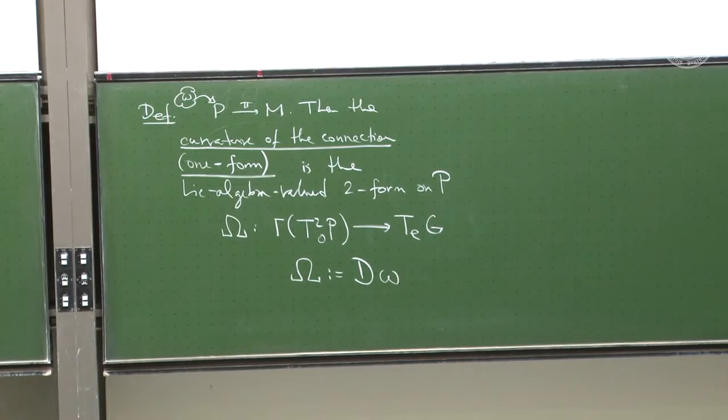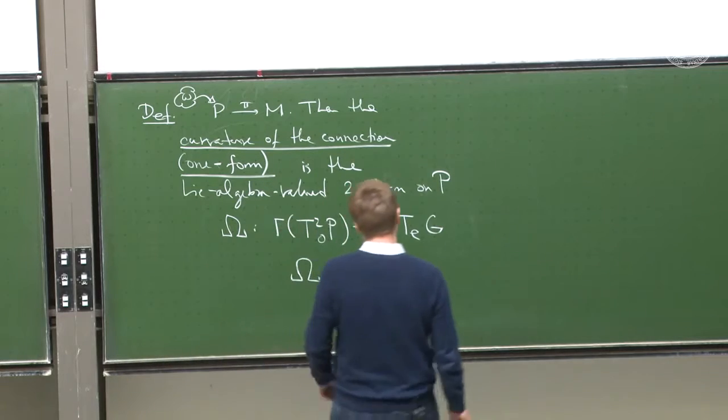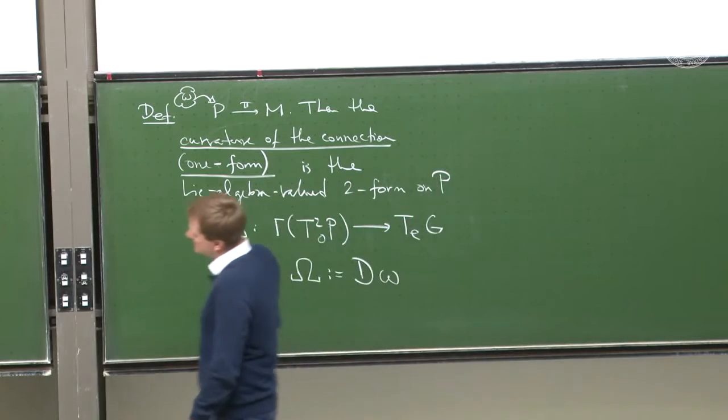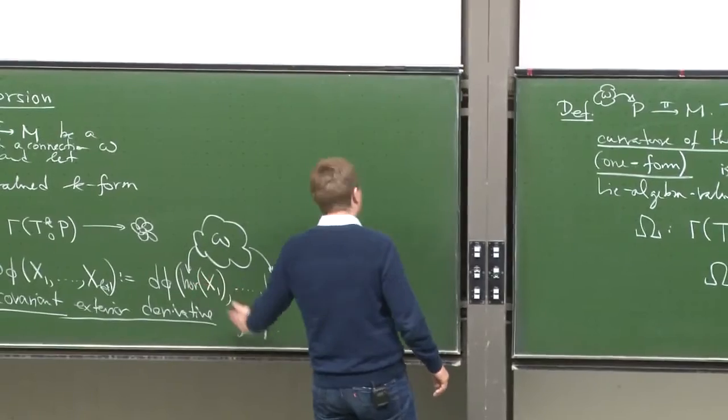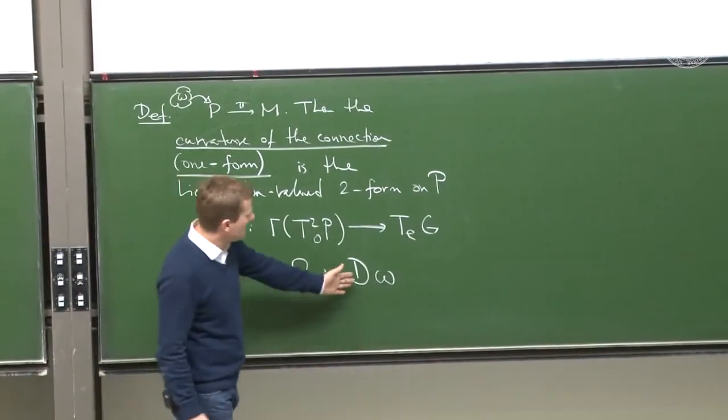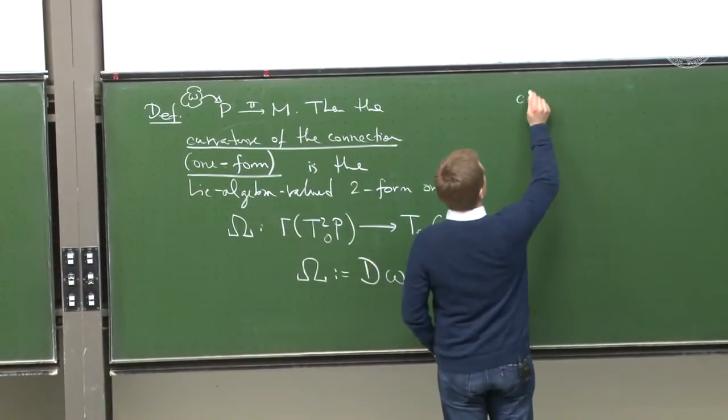Okay. But I used here flower, not the Lie algebra, because we will use this covariant exterior derivative also for objects that are not Lie algebra valued. So therefore, this generality at that point. Now, of course, this is just the d omega of Hor x1, Hor x2, but we want to make this more explicit, so claim.